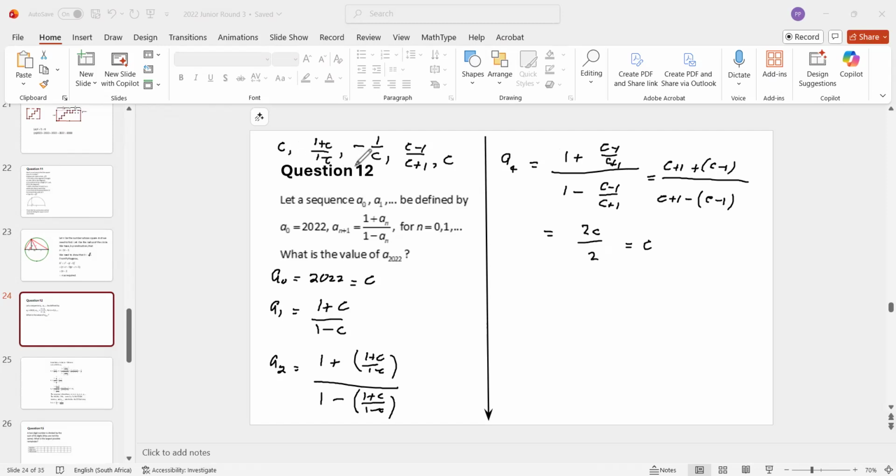A0, A1, A2, A3, A4. Now I'm going to do what I've done there to get to this. So this is A5, A6, A7, right? A8, right? Is C, and then you continue. So the sequence, I think I'm just going to write it down like that.